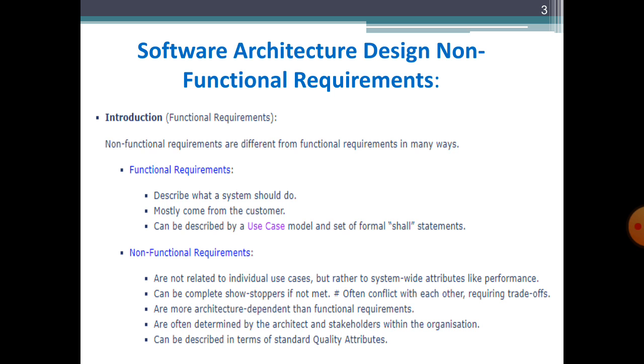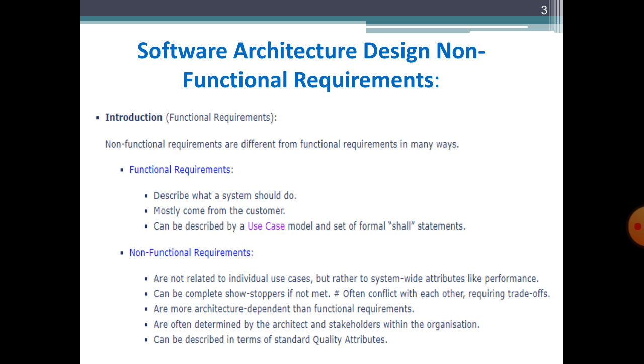It all comes under the umbrella of functional requirements, and functional requirements come directly from the customer. There are different methodologies available to represent them. Mostly we utilize a use case model diagram, which gives the functional perspective of the system. We discussed the use case model comprehensively in our Unified Modeling Language topic as well.